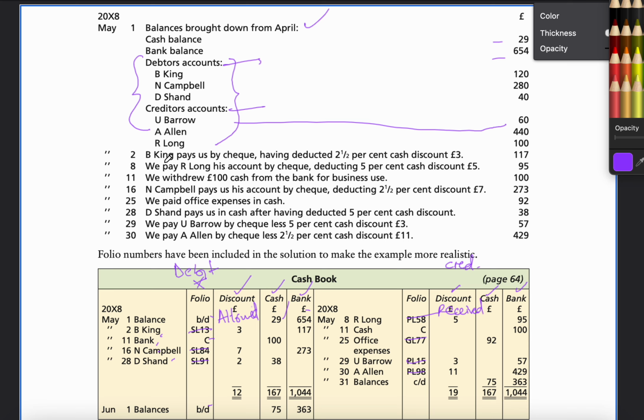Check this out. On day number 2 of May, B King pays us by check. B King is the guy who is owing us $120, so B King has $120 that belongs to us. But we're being told that he paid, having deducted 2.5% cash discount. They already calculated for us, that's $3.